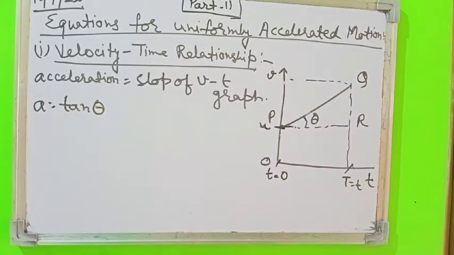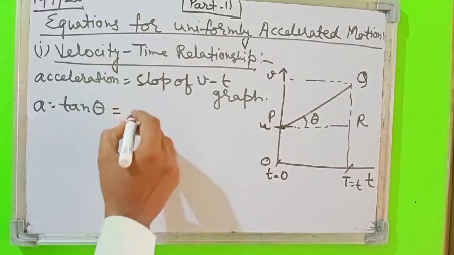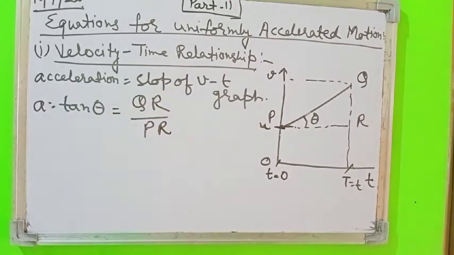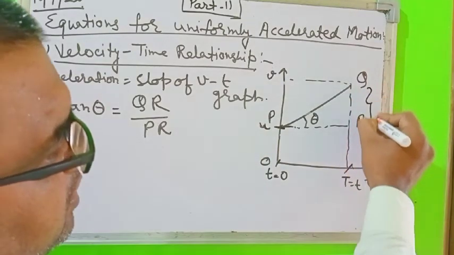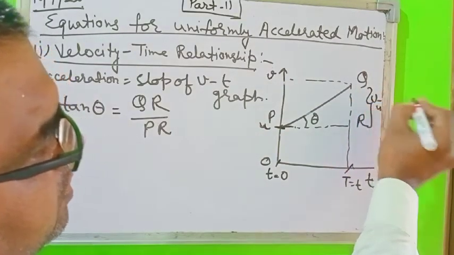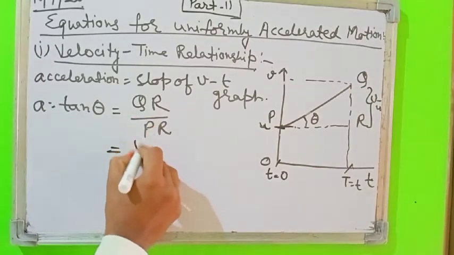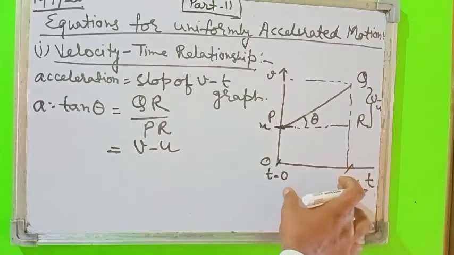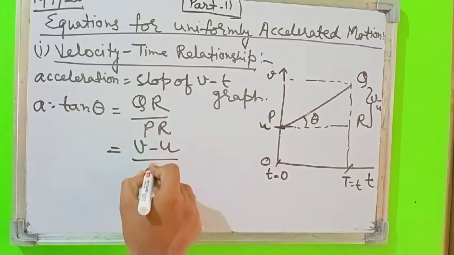This tan theta gives the slope of the velocity time graph, and so tan theta is equal to QR upon PR. On the velocity axis at point Q there is velocity v, and at point R the velocity is u. So QR is equal to v minus u, and PR, that is OT, is equal to t.